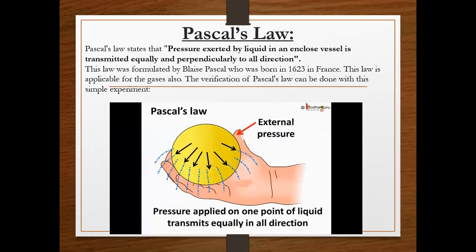Look here, the vessel is compactly closed, and we are applying pressure using the fingers in two opposite directions. As soon as we press, it flows perpendicular in all directions. So when we apply pressure at any point in a closed vessel or container, it is transmitted equally and perpendicularly in all directions.